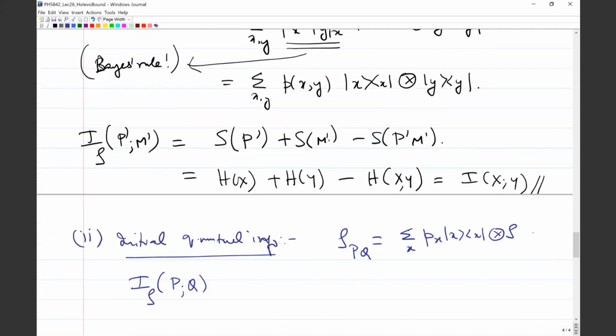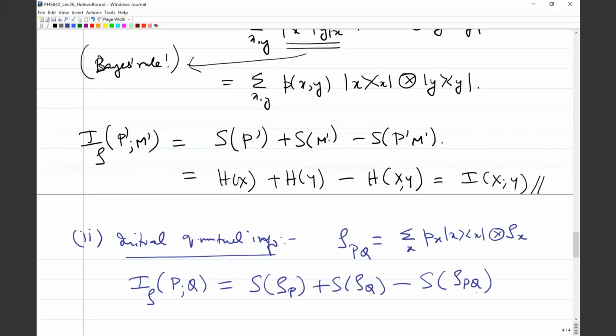So can you work out what is the mutual information in this state? I'll give you the definition. It is the sum of the von Neumann entropies of the individual subsystems minus the von Neumann entropy of the joint state. So this is S of rho P plus S of rho Q minus S of rho PQ.